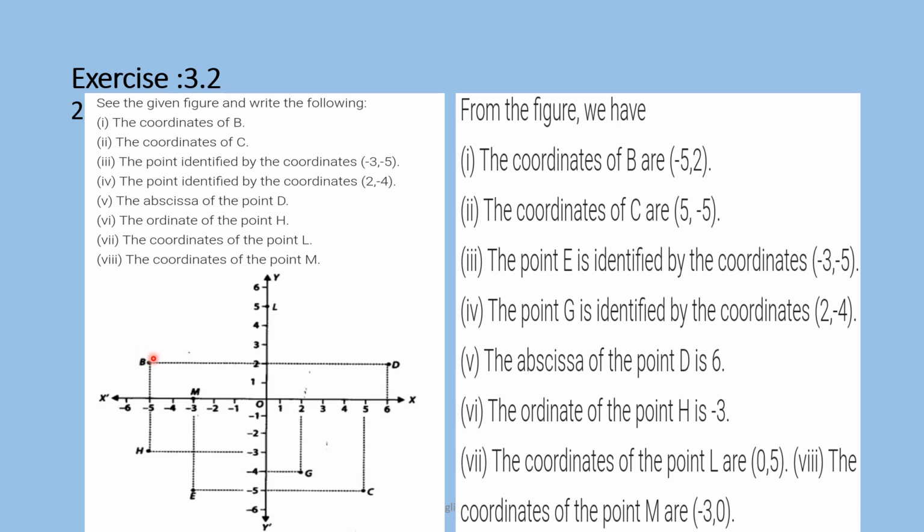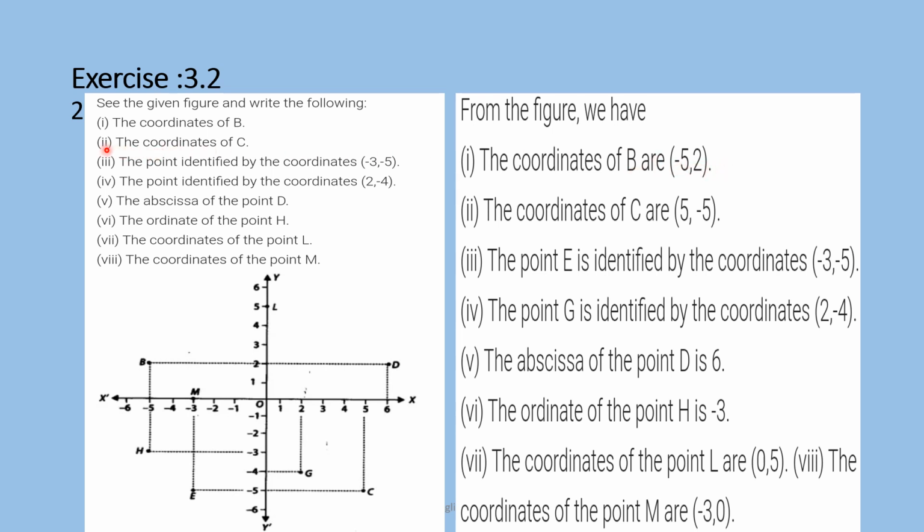To get the x coordinate, you have to draw a perpendicular to the x-axis, that is intersecting at -5, and to get the y coordinate, you draw a line perpendicular to the y-axis, that is intersecting at 2. Therefore, the coordinates of B are -5, 2. So you have to write the coordinates of B are -5, 2.